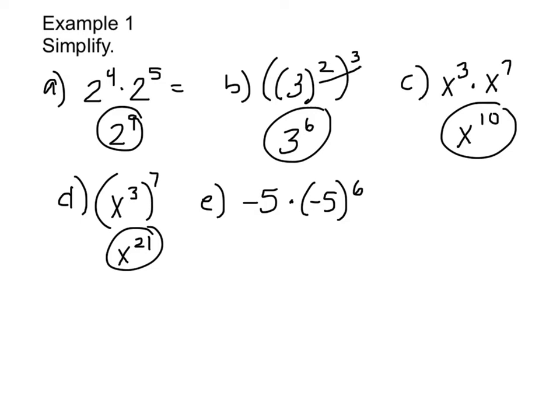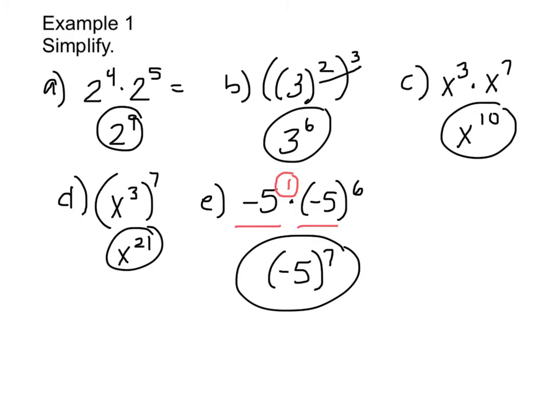Do you have the same base? Yes, we do have a base of negative 5. If there's no power written, though, remember there's always a 1 there. So in this case, you'd have negative 5 to the 7th power. And notice I have parentheses around that negative 5. It's important that you have the parentheses there.